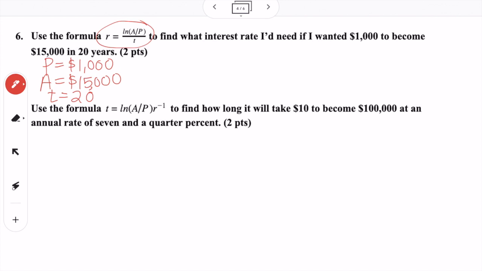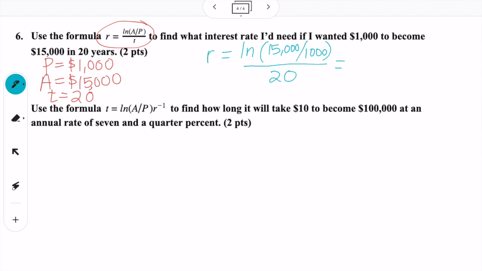So notice the equation changes a little bit, but we're still using the same variables. We're plugging in now. To find the interest rate, we'll take the natural log of the future amount, 15,000, divided by the starting amount, over t. And I want to make sure to simplify what's in the parentheses first.